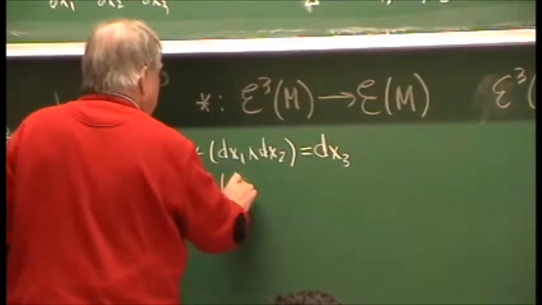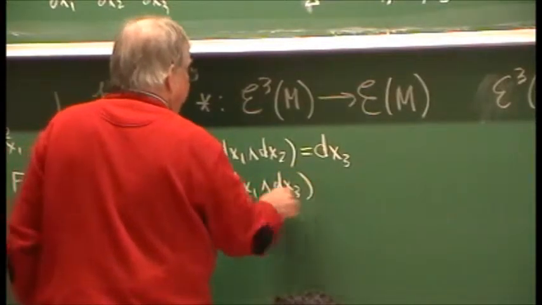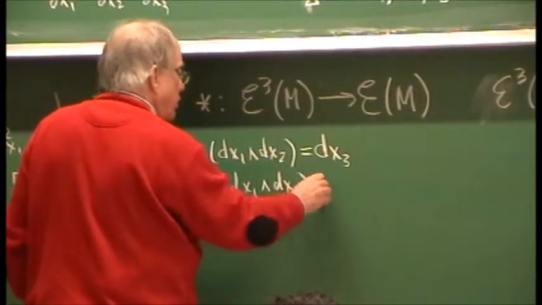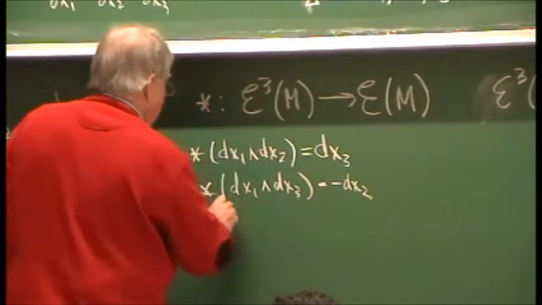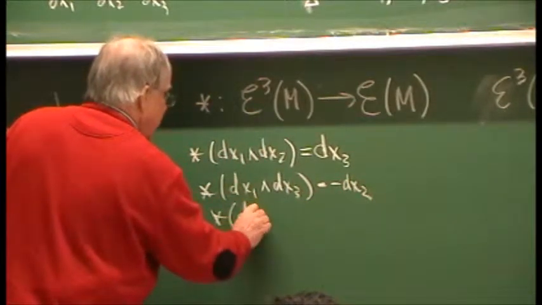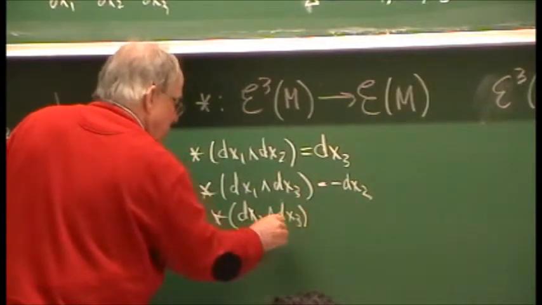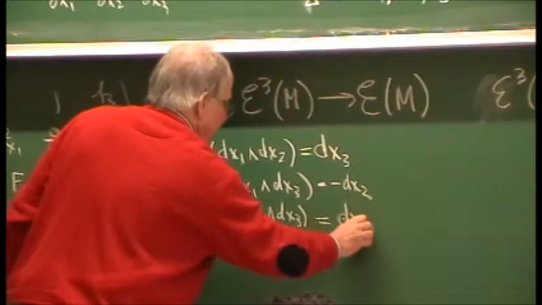The next one, dx1 dx3. Well, you have to fill it out, so you put dx2 in there, and you have to put it in the middle, so you go across one. So it's minus dx2. And star of whatever's left, dx2 dx3: you have to go across 2 to put in dx1, so you luck out and you get a plus.